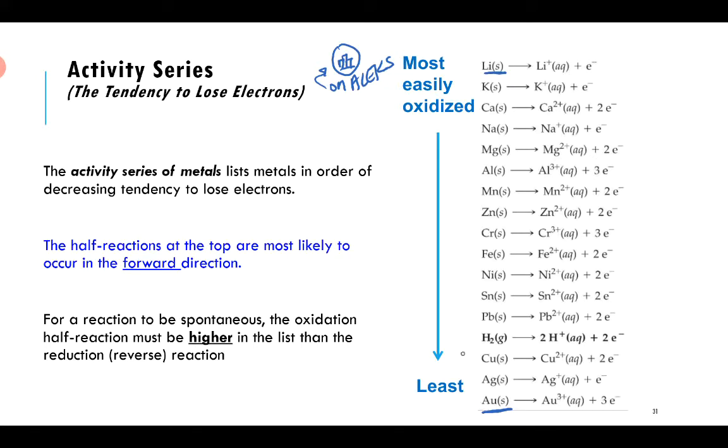For a reaction to be spontaneous, the oxidation half reaction has to be higher on the list than the reduction half reaction. So if we look at this, it's always listed in terms of oxidation. So we'll have to find our oxidation half.